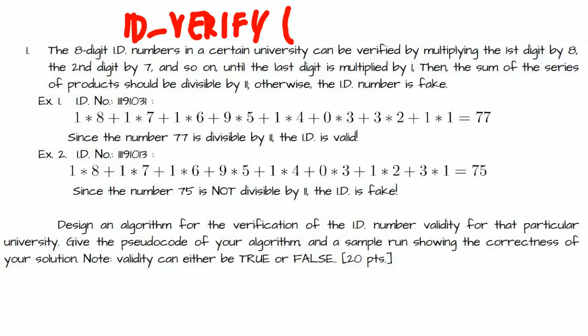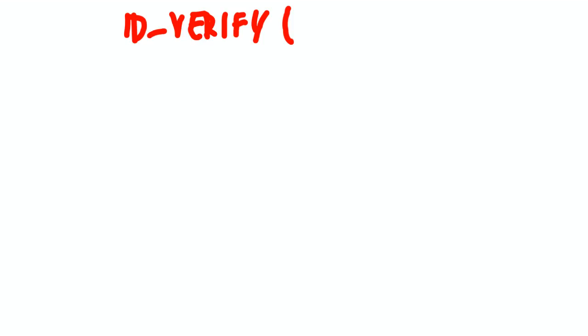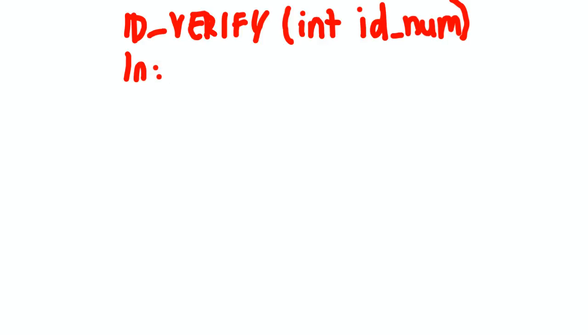So we have int ID, say ID number. And that is our input. So our input is an ID number.